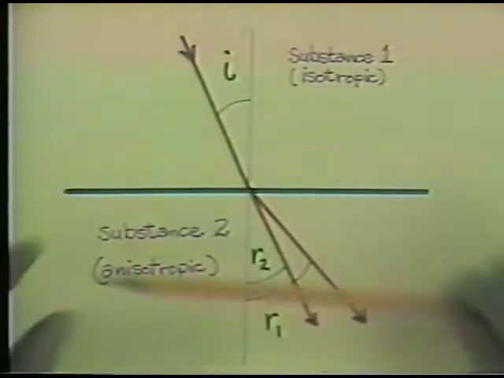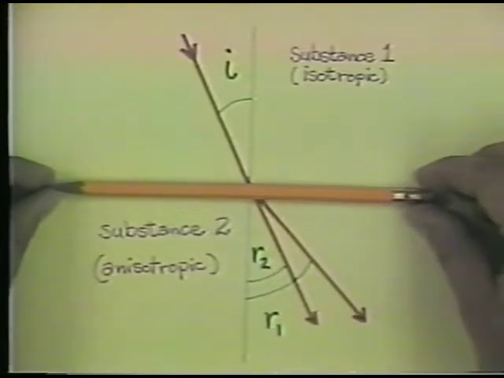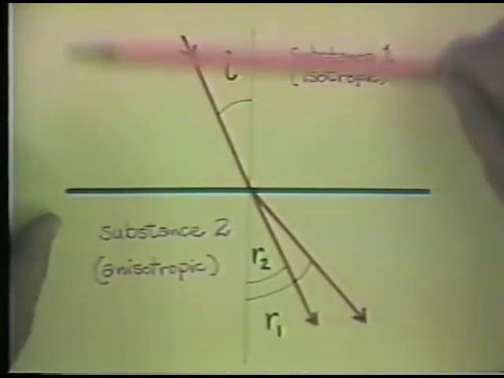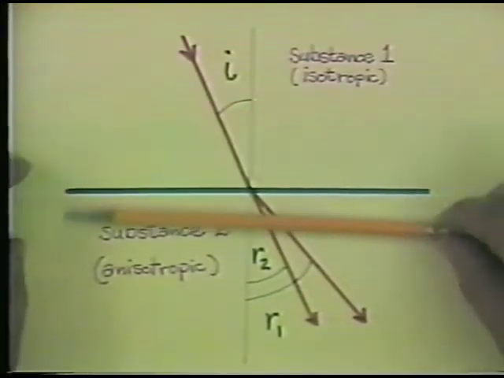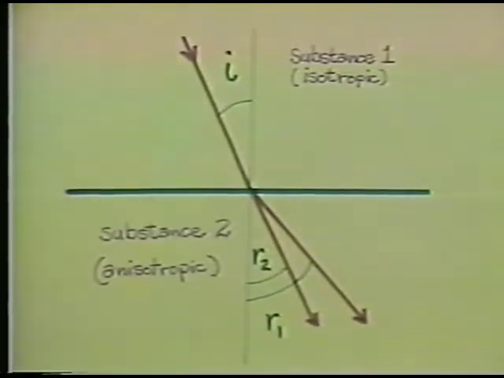So we can look diagrammatically at what happens to light in an anisotropic crystal. And I have a simple diagram here, again showing the interface between two substances. Substance 1 up here is isotropic, substance 2 is anisotropic.